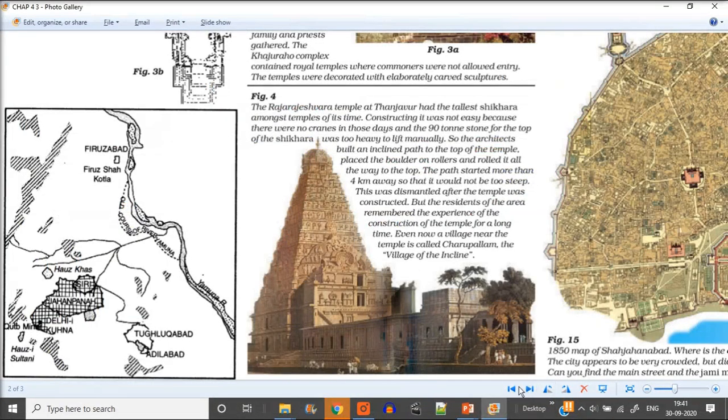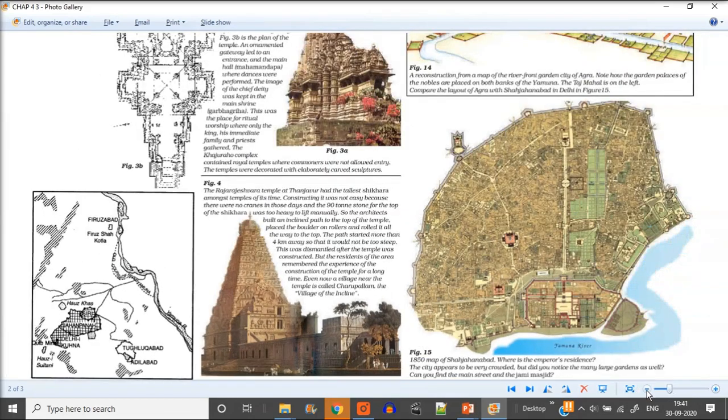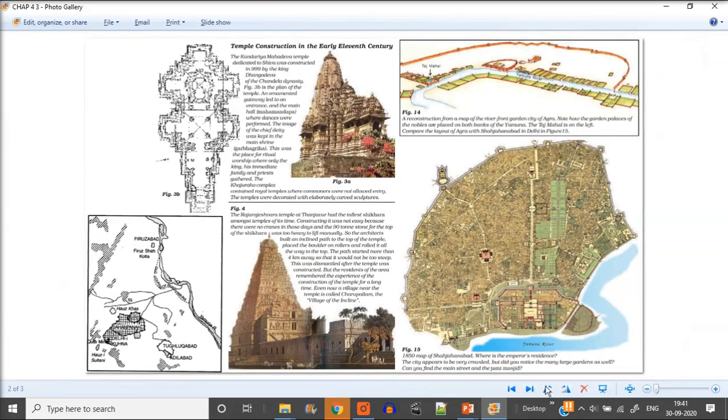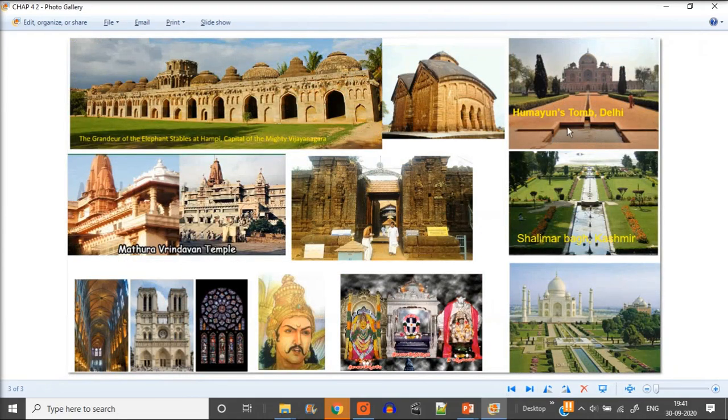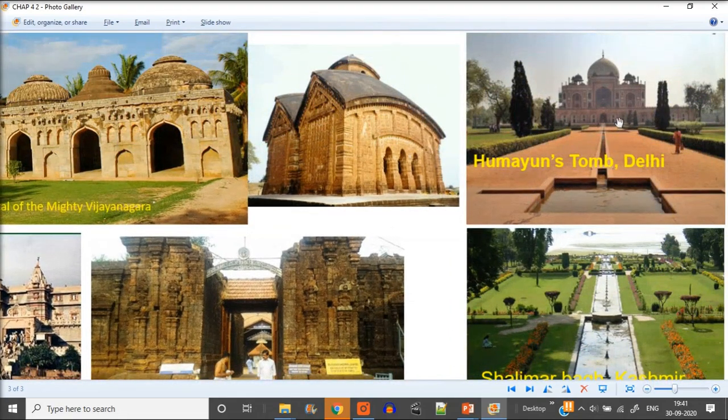Hasht Bihasht is eight paradises. Now, where has this word come from? Let me take you to Humayun's tomb, Humayun ka Maqbara. Here we have different architectures.